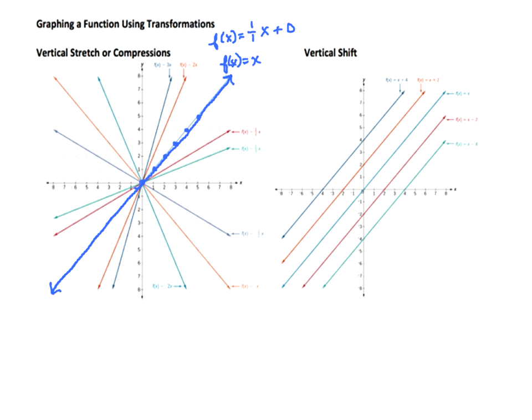And just like we learned in the last module material, when I want to vertically stretch or compress, that shows up as the coefficient on my x value. So that's your slope. I'm not going to beat a dead horse here. I'm just going to point out, okay, I've been stretched vertically because this one is f of x equals 2x.